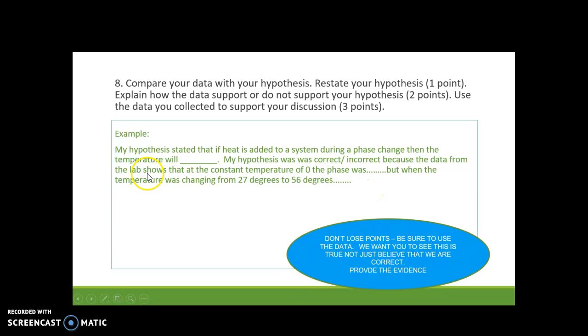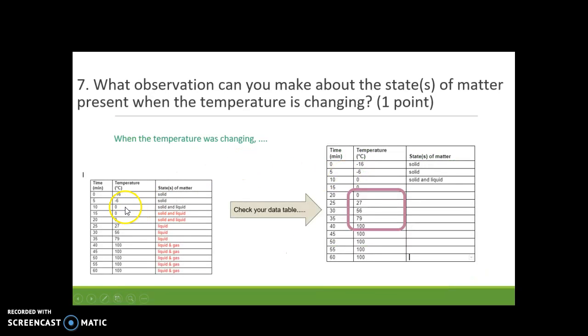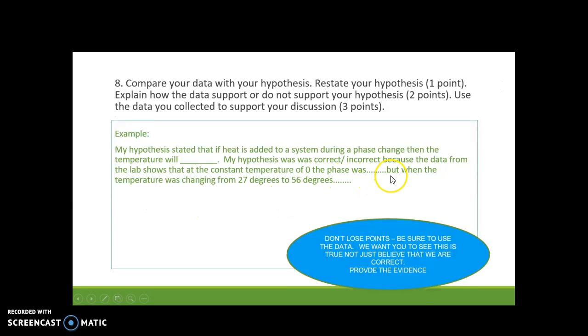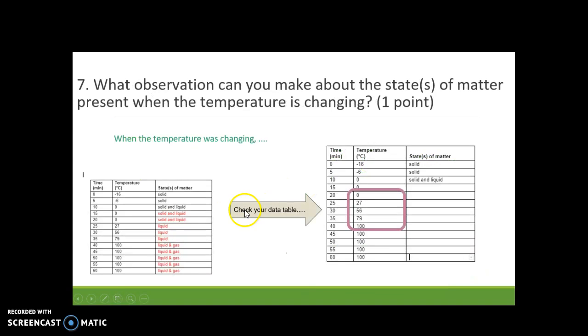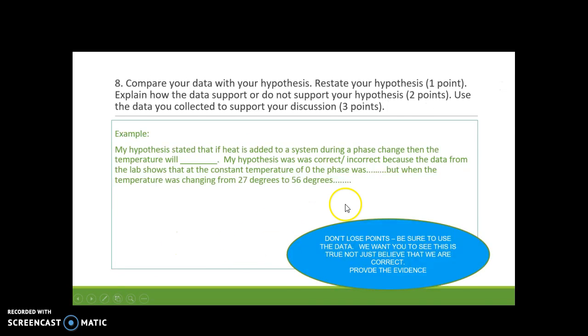because the data from the table shows me that at the constant temperature of 0, the phase was, what was the phase at 0? Solid and liquid. But when the temperature was changing from 27 degrees to 56 degrees, that means that in this case, the water's in a liquid state.